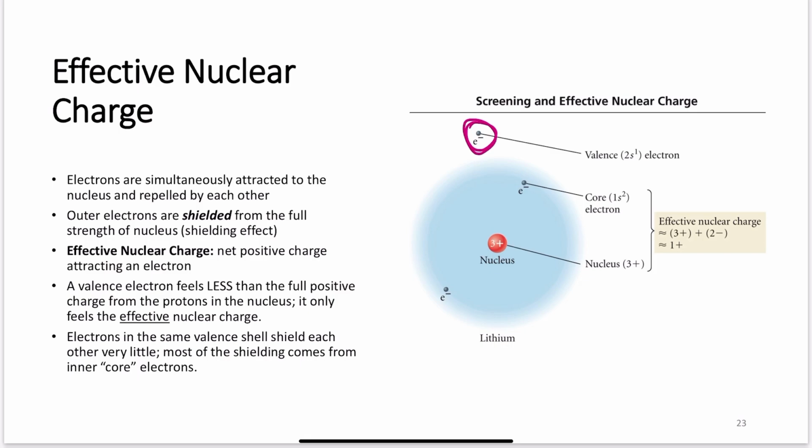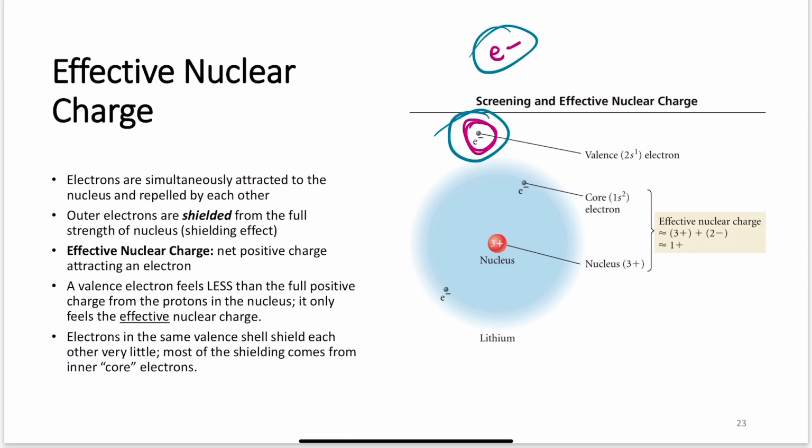Your valence electron feels less than the full positive charge from the protons in the nucleus. It only feels your effective nuclear charge. That effective nuclear charge is dependent upon the position of the electron. If we had a different element than lithium that had farther shells out, an electron out here would feel a different pull than an electron here.